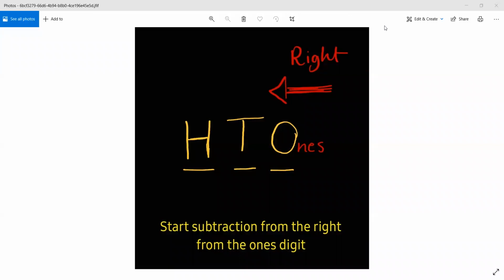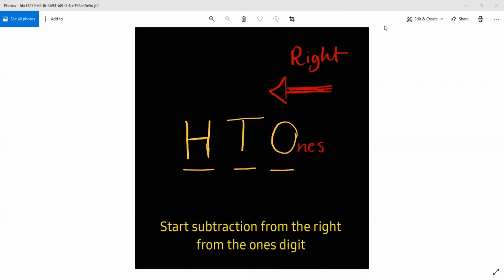The first rule is that we have to be ordered. We have to put the ones above the ones, the tens above the tens, the hundreds above the hundreds, okay? And we always start adding or subtracting from the right. From which digit?